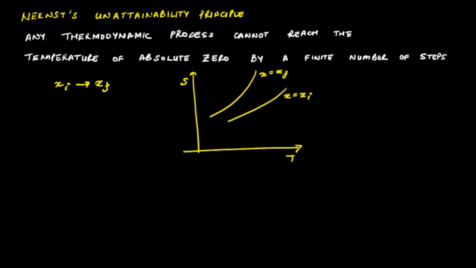So consider that we are initially at this state, that is x is equal to xi and temperature is this much, and we want to go to a lower temperature by changing this independent variable to xf.